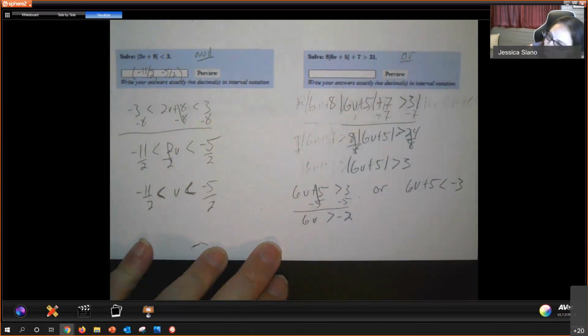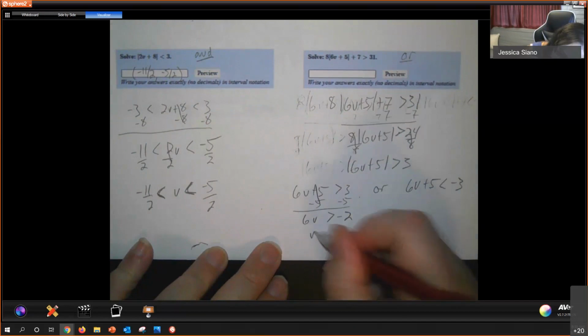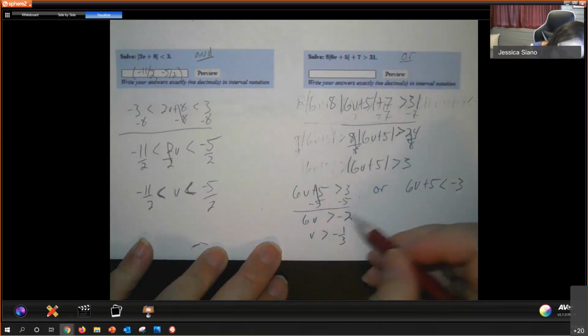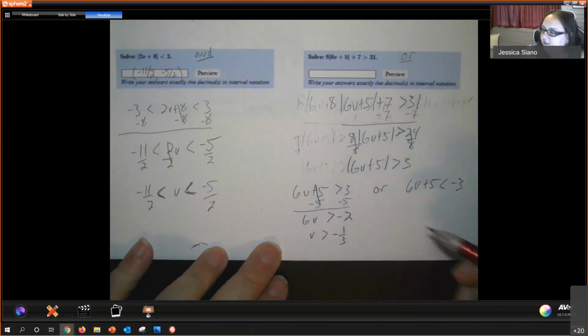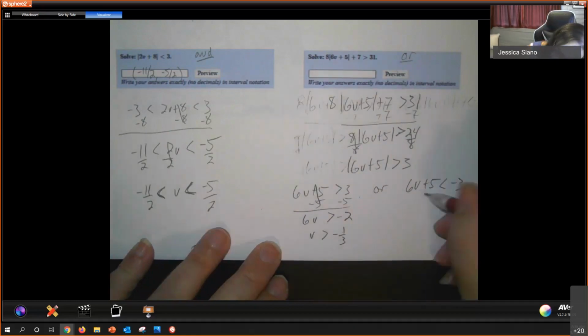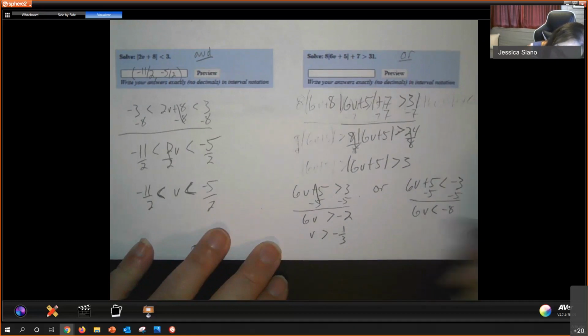Negative 2. 2 divided by 6 would reduce to negative 1/3. And then you're going to solve the right side. That would be negative 4/3.